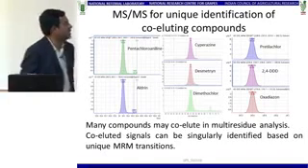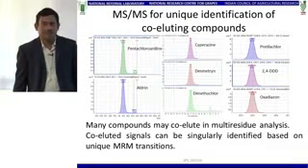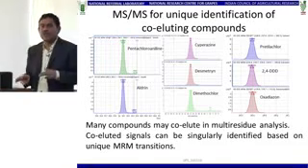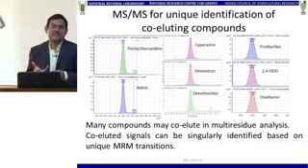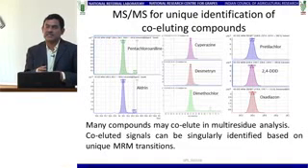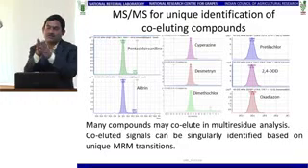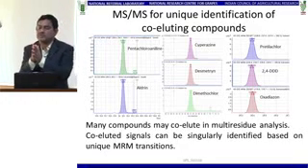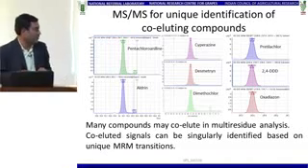So for example here, these two compounds, their RT is the same. If both compounds are there, and you are using a regular electron capture detector or such type of non-specific detector, you get a single signal, and that signal will combine two compounds. So this will reflect neither the first compound nor the second compound.